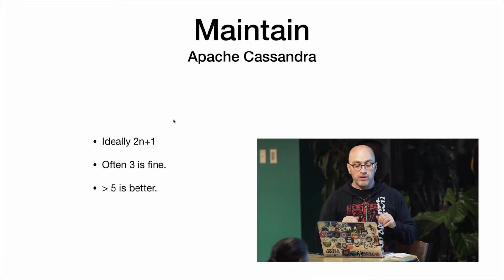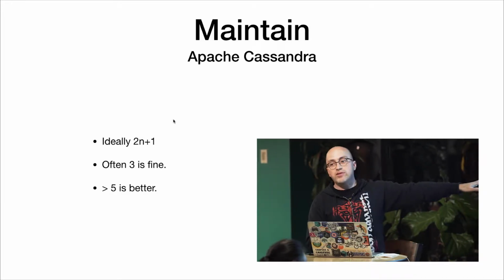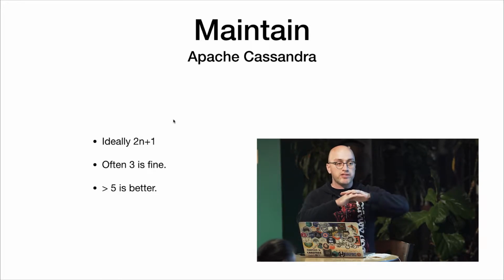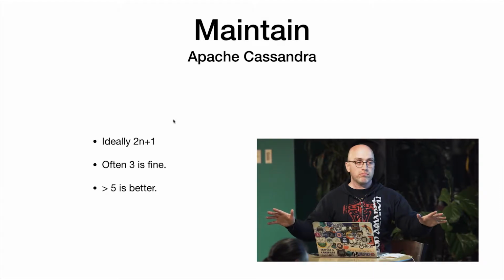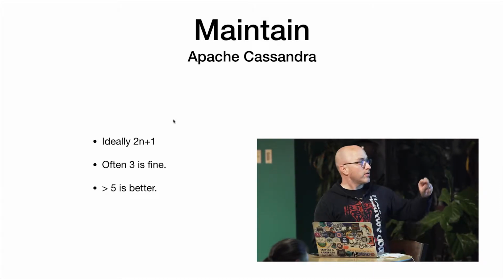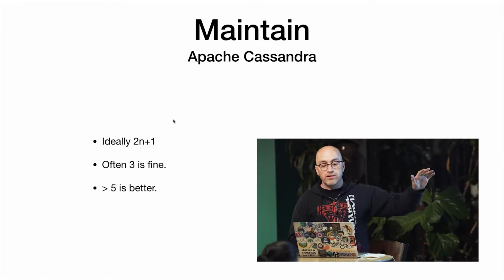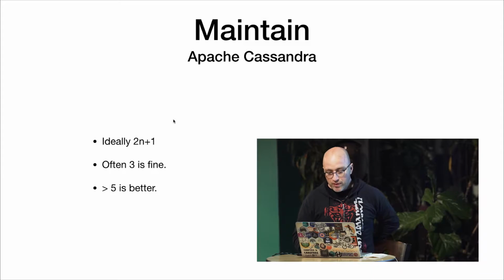It's not a big deal. The database just handles it. I still say 5 is better, because if you lose 2 nodes, your system is basically going to throw errors at you and flake out when you have only 3 nodes and with the 2n plus 1. So again, I say 5 is better. Put 5 nodes out there for your cluster.